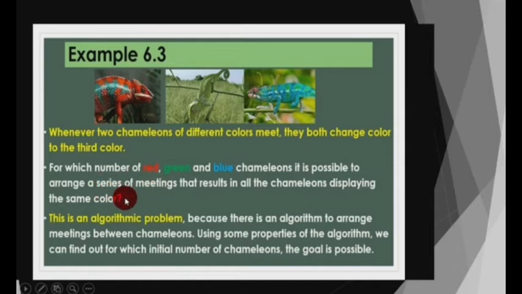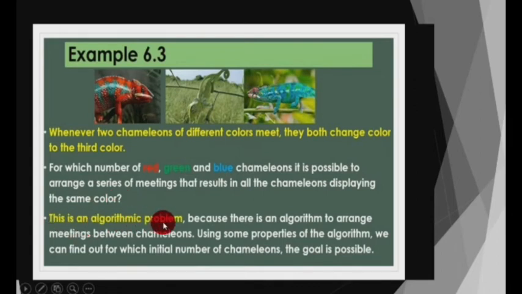Now you can understand the question. Which numbers of these three chameleons are needed to arrange a series of meetings that result in all the chameleons displaying the same color?